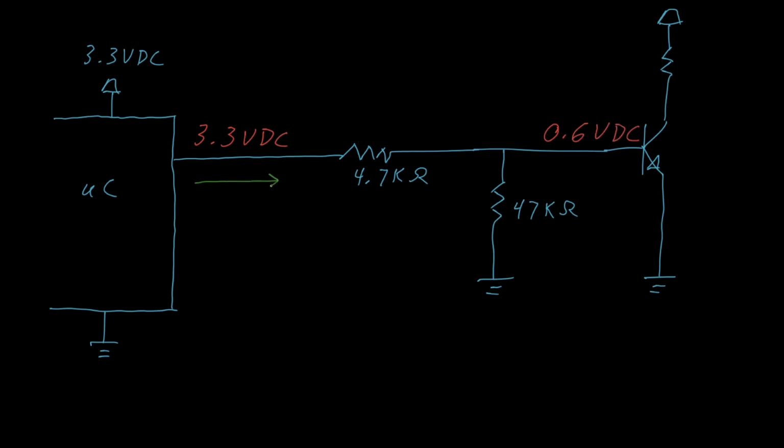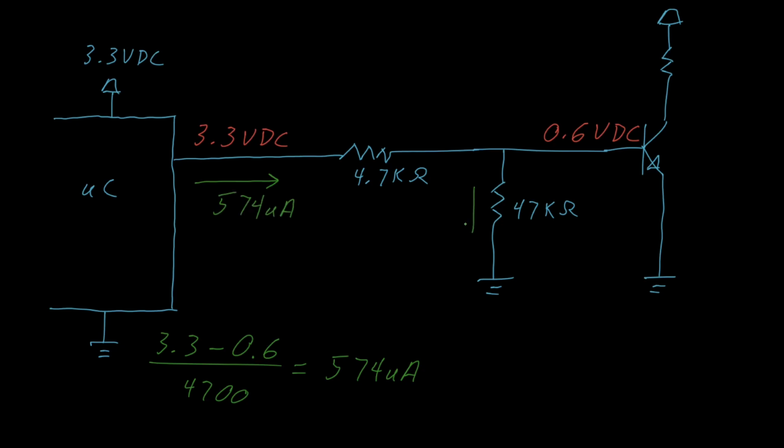The current flowing into that 4.7 kilohm resistor is calculated as 3.3 minus 0.6, all divided by 4700, which is approximately 574 microamps.